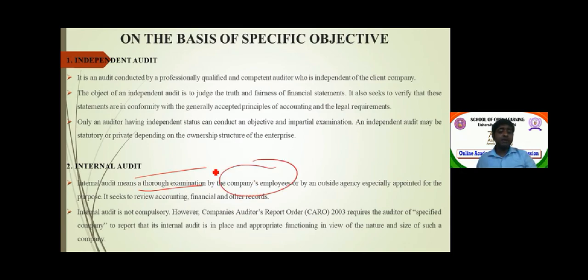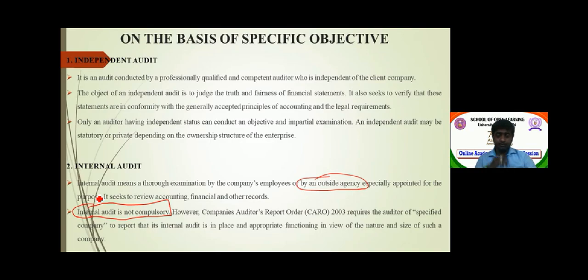But sometimes, if the internal auditor is not available, or let's say there is no internal auditor, the company can also hire the services of an outside agency, and these people can audit our accounts and financial statements as well. All right. But one thing is to be noted here, that the internal audit is not compulsory. Internal audit has not been compulsory at all.